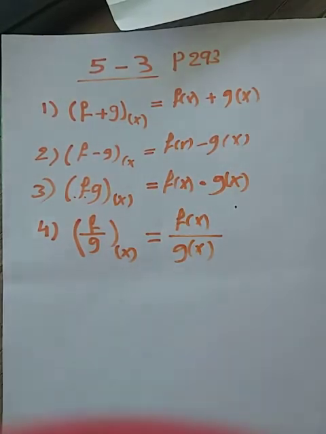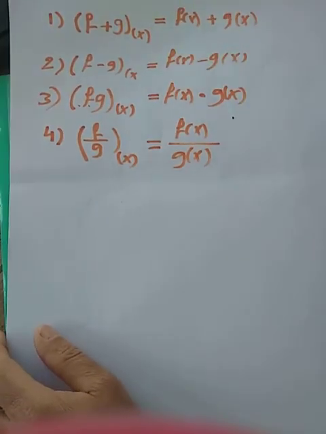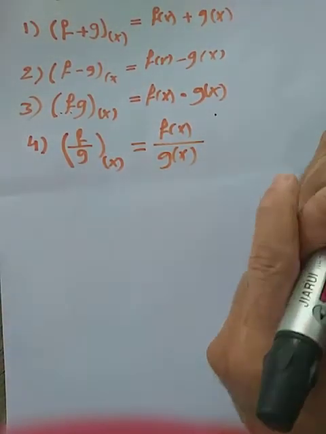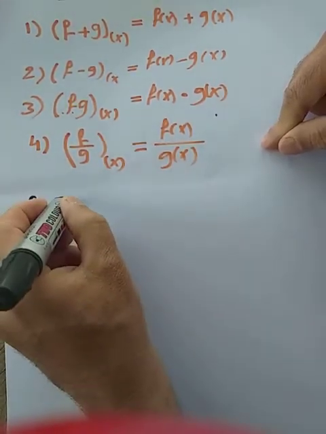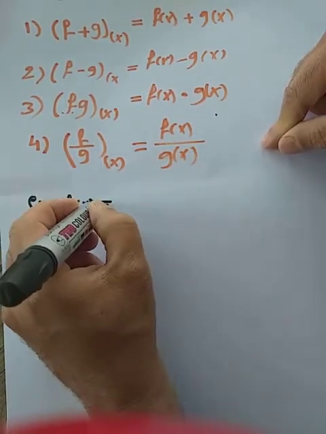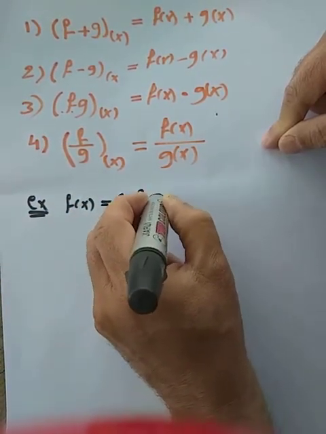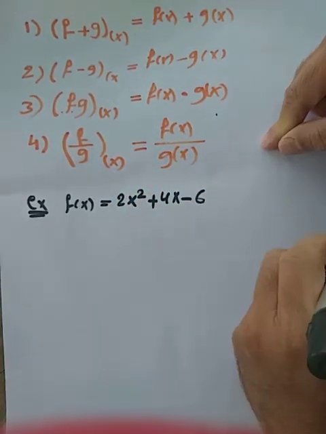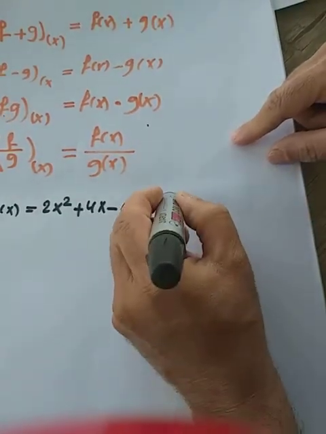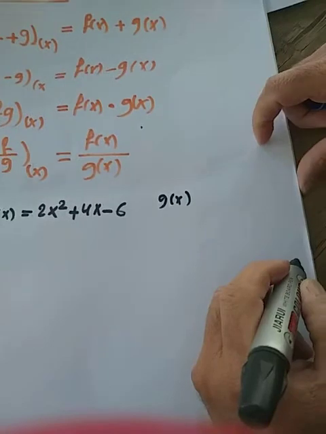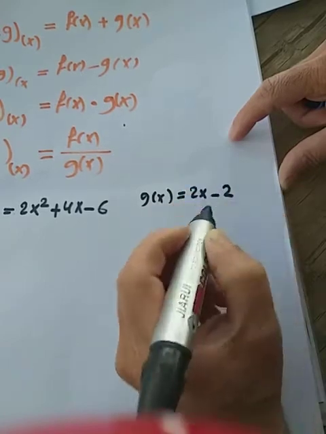Okay. Example. f of x equal to 2x squared plus 4x minus 6 is given, and g of x equal to 2x minus 2.